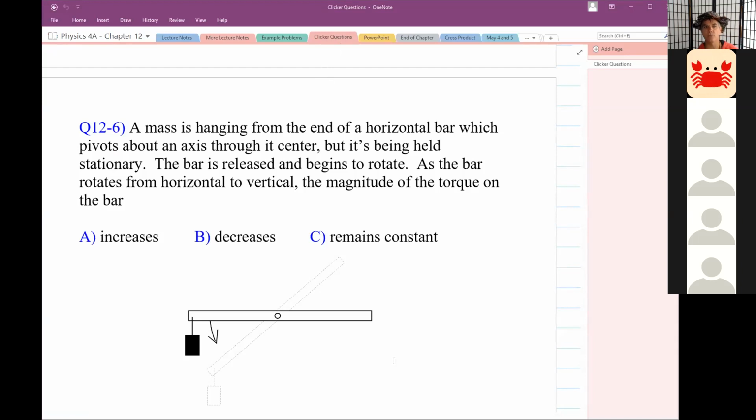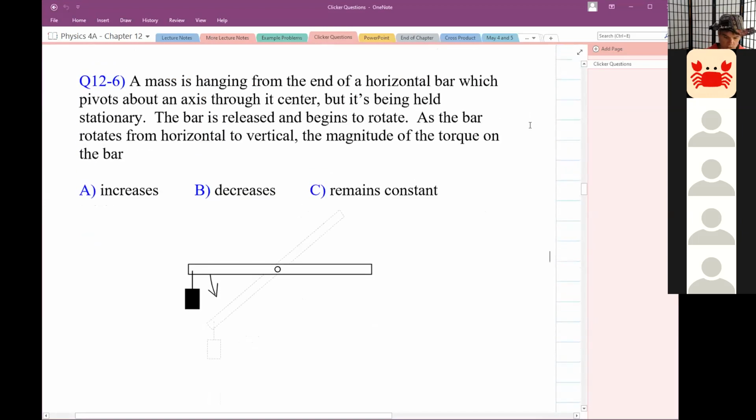So as this bar rotates from being horizontal to being vertical, what happens to the torque on the bar? Does it increase, decrease, or remain constant? What do you think? I'll give you about 30 seconds to think about that. While you are doing that, we know torque equals R F sine theta.